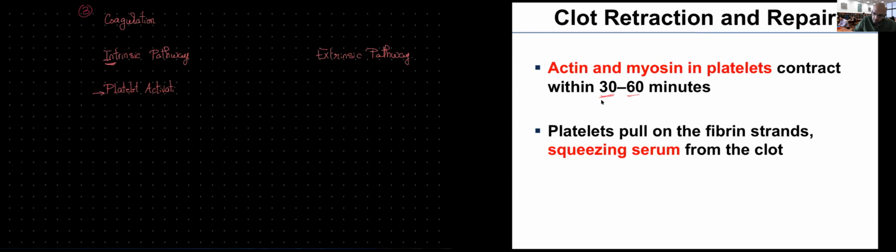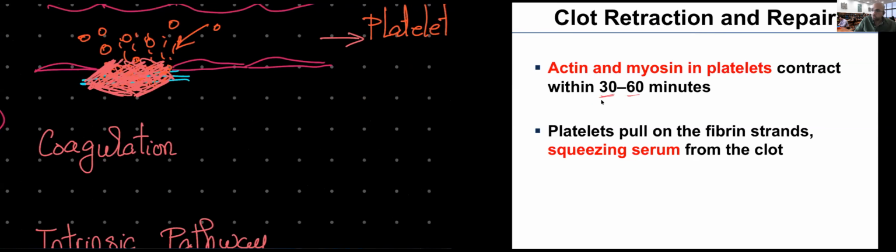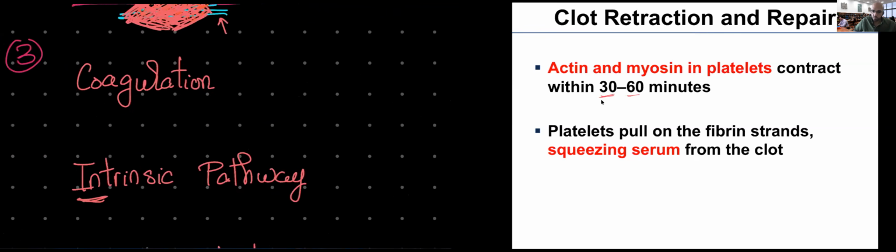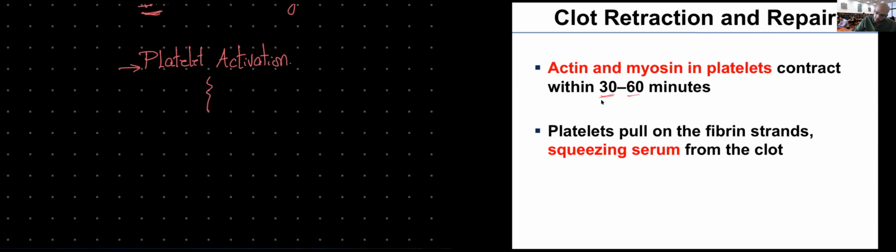And remember, once the platelets get attached to the collagen fibers, they will become activated and they will start to release chemicals. The platelet activation here is what's going to be stimulating the activation of the coagulation factors, which are normally located in your bloodstream. They are plasma proteins.